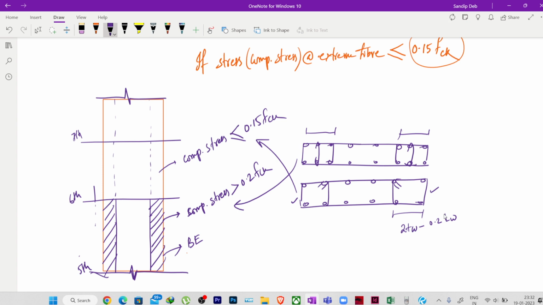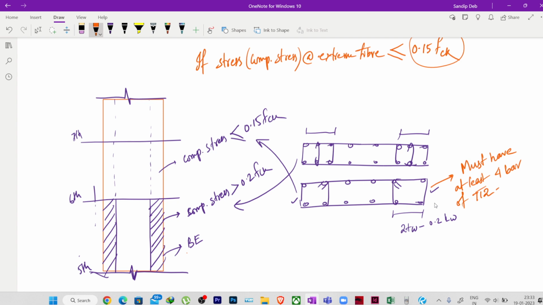And one more thing you have to remember, that any end zone, any stiffer zone, any boundary element must have at least 4 bars of 12 dia. So whenever you are discontinuing the boundary element but you are providing some column like reinforcement, you have to make sure that this end zone is having at least 4 bars of 12 dia.